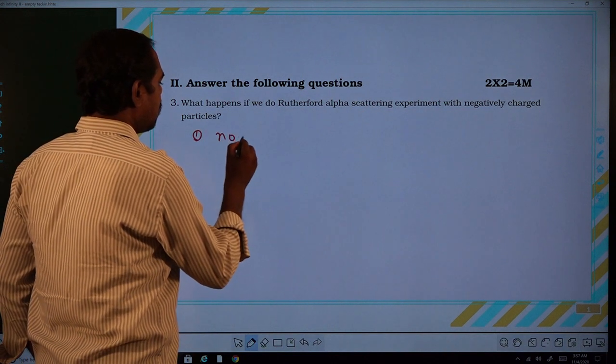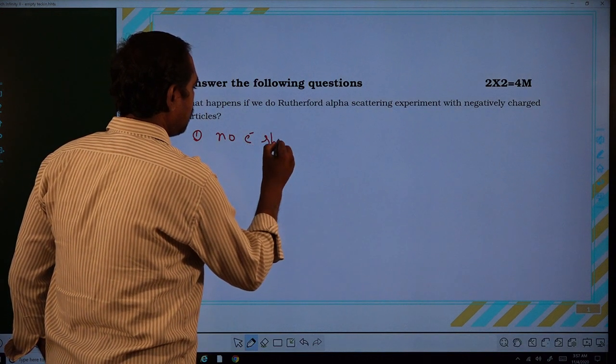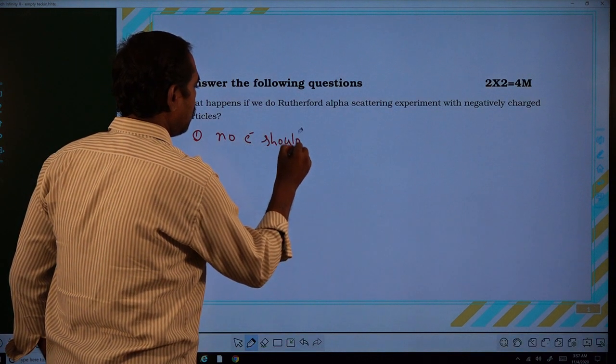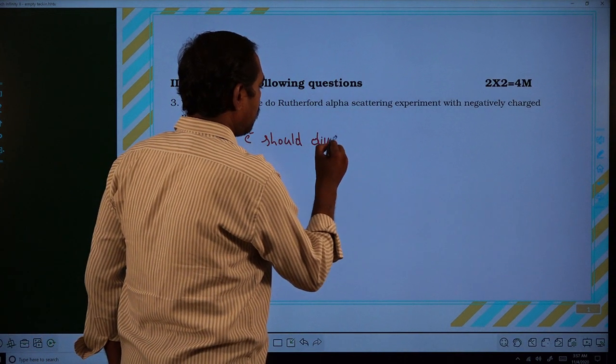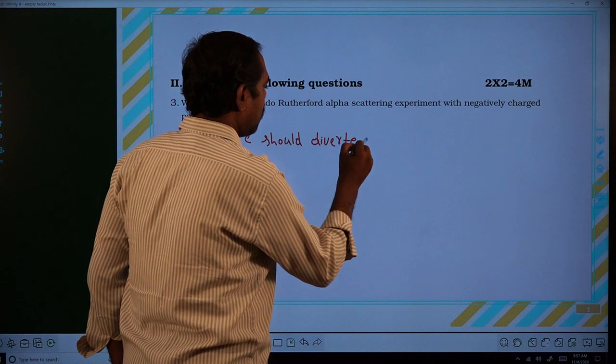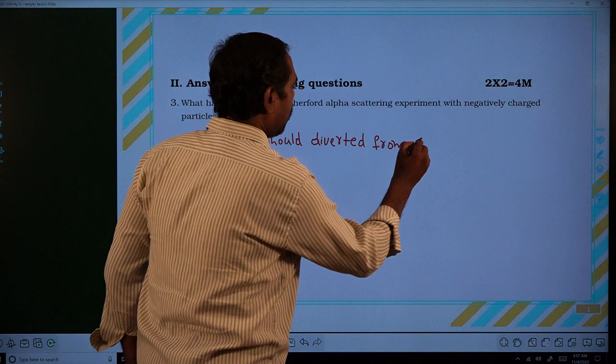So here, the first point: no electrons should be diverted from the original path.